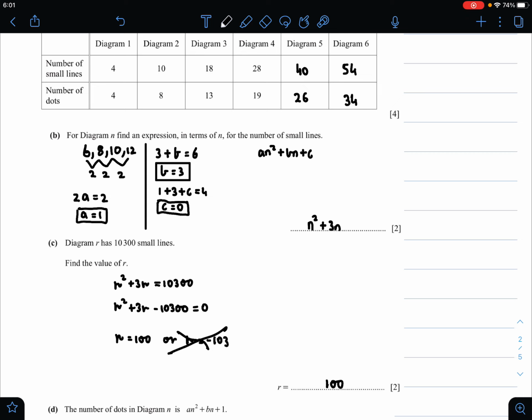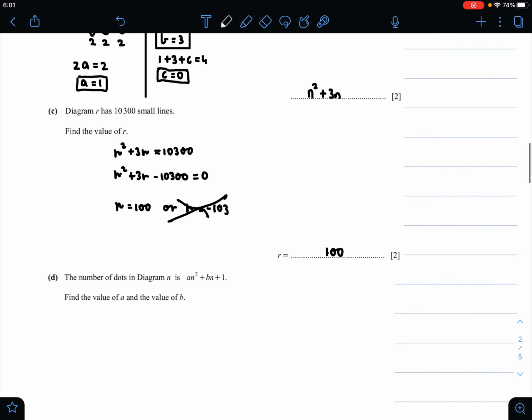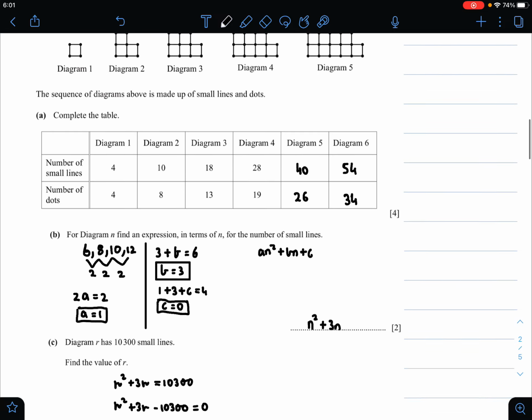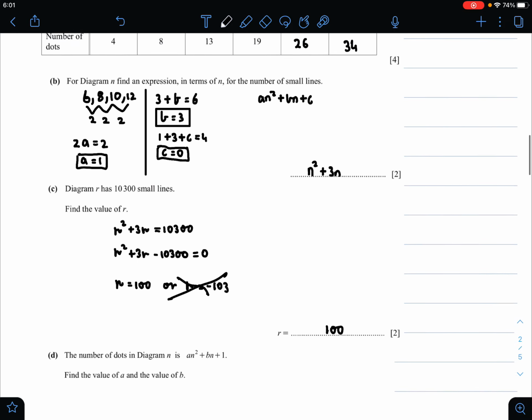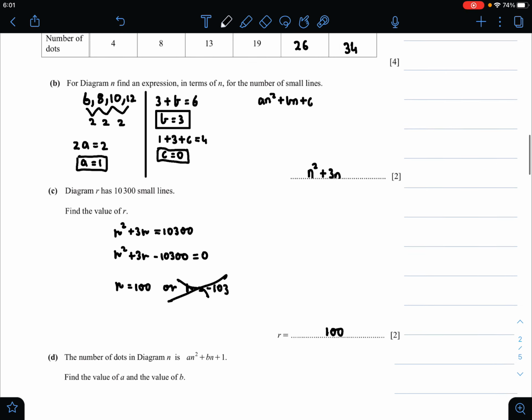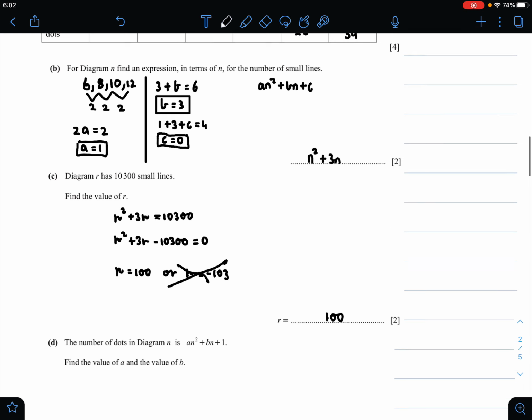Now let's move to part D of this question. For part D, they are telling us the number of dots in diagram n is an square plus bn plus 1. So they are asking us to find the value of a and the value of b. Now, the first step should be to find the common difference, as I said before, when we were finding the nth term for the number of lines.